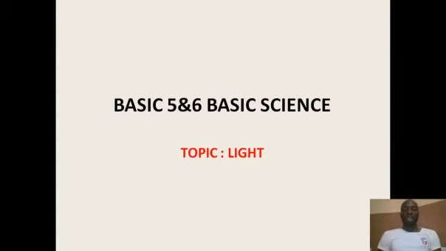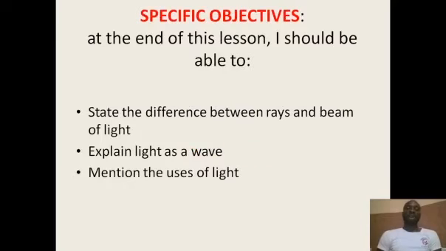So today we are also going to look at light under the following objectives. So the specific objective for this lesson is that at the end of this lesson you should be able to state differences between rays and beam of light. So we are going to understand what a ray of light is and what a beam of light is.